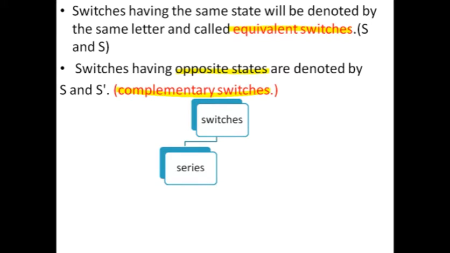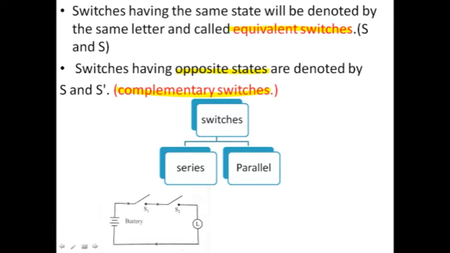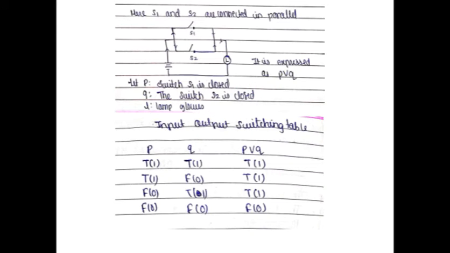Switches are connected in two ways: series and parallel. This is a representation of series. The switches are connected in series here, and here the switches are connected in parallel. Next, we are going to study this circuit. Here S1 and S2 are connected in parallel.